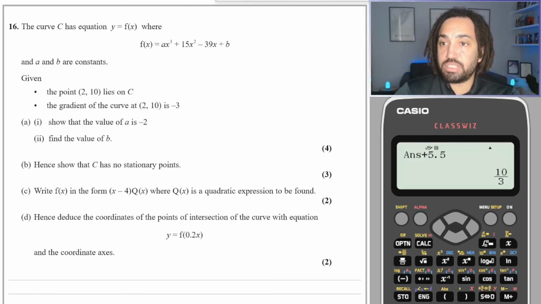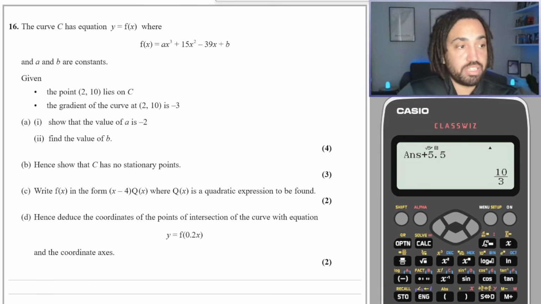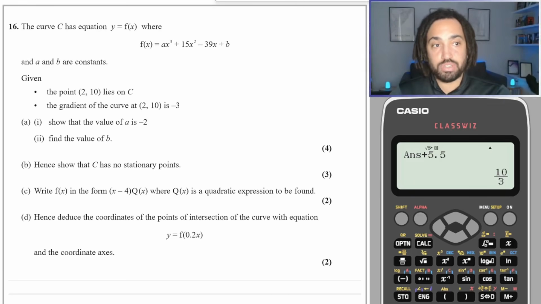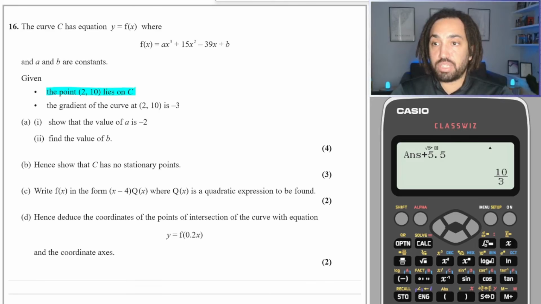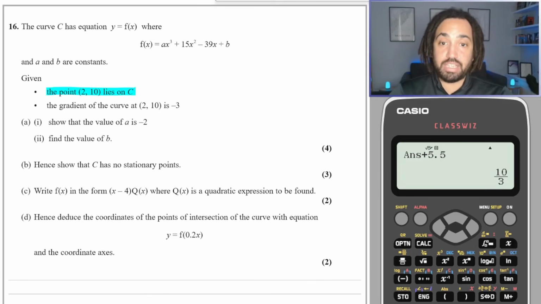Okay, final question. And it says that we have all this information. It says show the a value is minus 2. Okay, so let's use the information as given nice and neatly in this kind of bullet point format. This lies on the curve. Well, if that's the case, then I can sub in to 10, and it should satisfy.